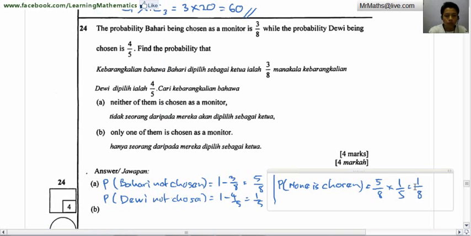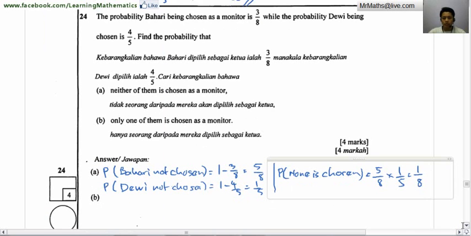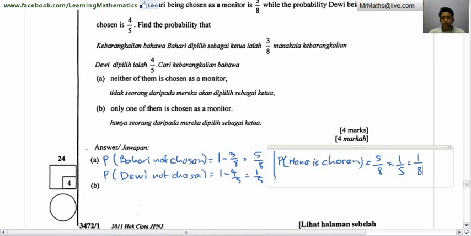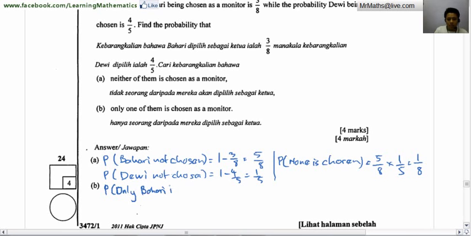Alright, next one. Only one of them is chosen as monitor. Only one of them, meaning, if only one, then we need to check probability. First, only Bahari is chosen.